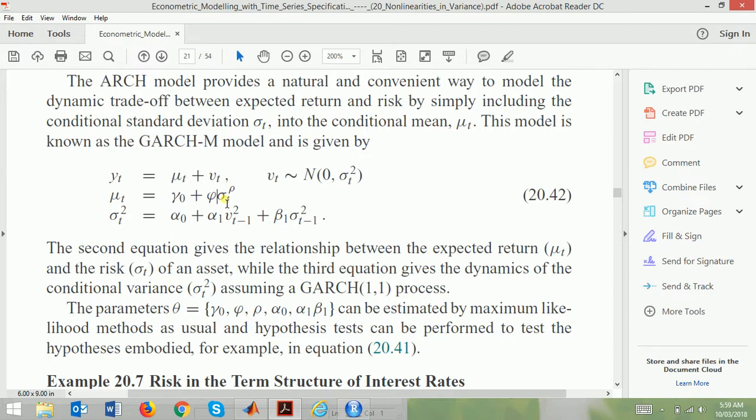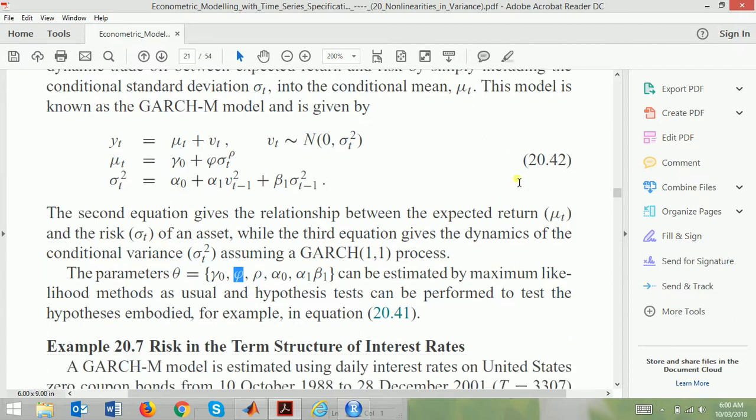I'm interested in knowing this parameter because it is the risk attitude, and whether it is positive or negative for a particular stock price. It can be estimated by maximum likelihood methods as usual, and hypothesis tests can be performed to test the hypothesis embodied, for example, in equation 20.41.